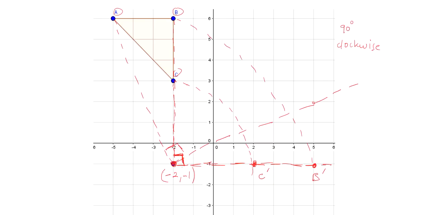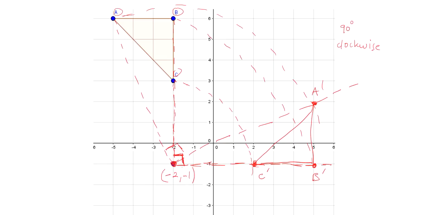Then we're going to put our compass, put the pointy part here at the center of rotation, and then we're going to draw a large arc, right? So this will probably be something like this. When it intersects, this will be our point E prime. So our triangle now, the image will be this.